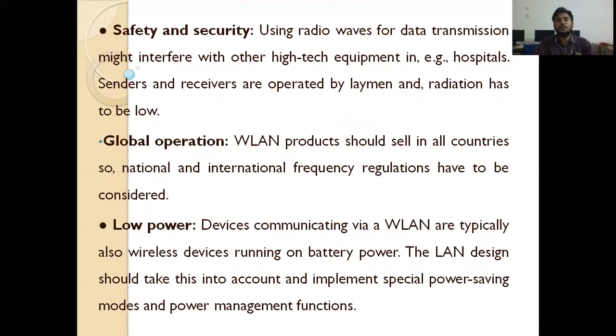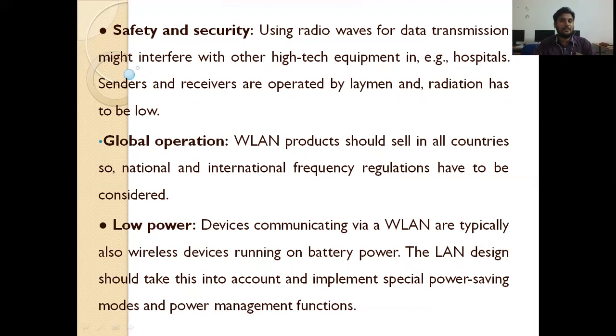Using radio waves for data transmission might interfere with other high-tech equipment, for example in hospitals. Senders and receivers are operated by laymen, and radiation has to be low. So safety and security: with a wired connection, there is less possibility of disconnection.